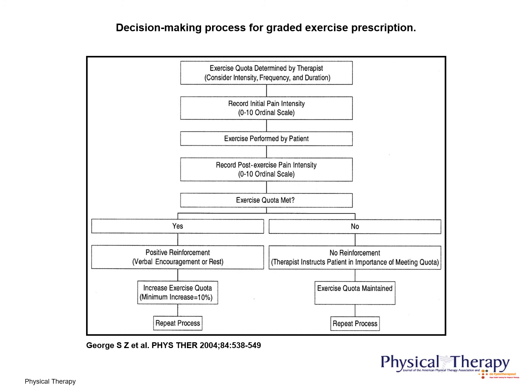Okay, and then, is the exercise quota met? If it's met, especially if the pain has been controlled during it, we're going to give positive reinforcement. We're going to continue to reinforce that program, and we're likely going to increase the exercise demand on the patient. If, however, they don't meet the quota, our goal then is to determine why that is.